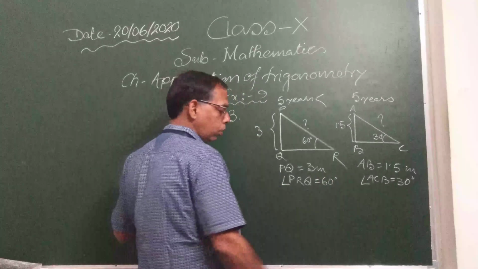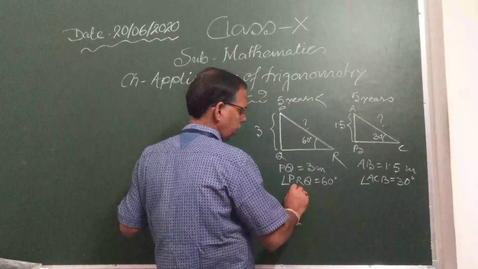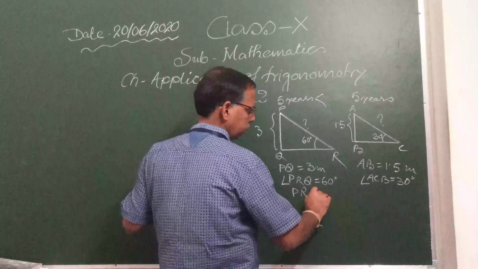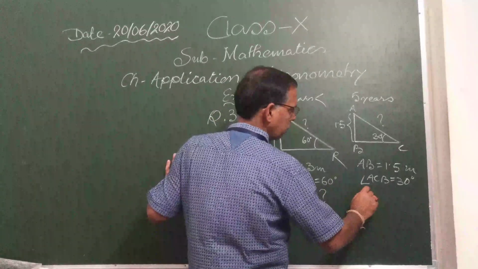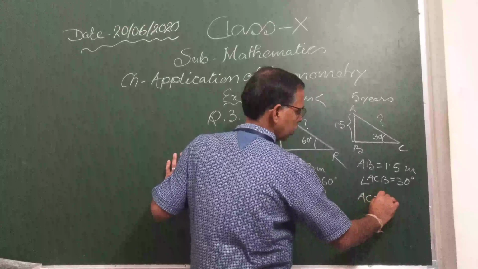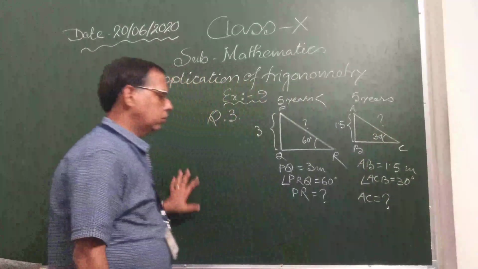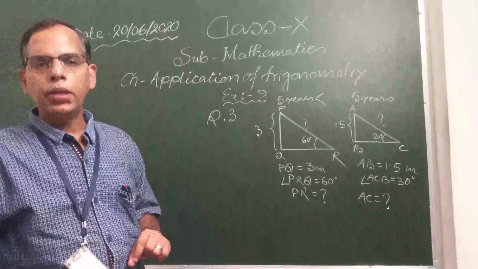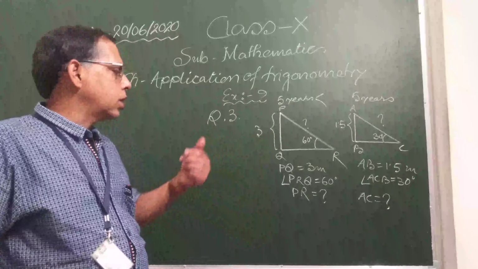And then both sides, here you have to find PR question mark, here you have to find out AC. Okay, these are the things you have to write down, and then you start.